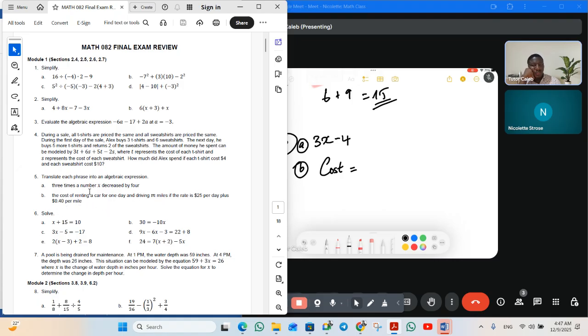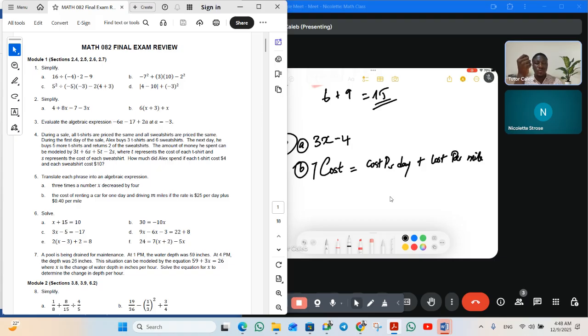All right, so the cost for one day, so you have to add the cost per day. Total cost will be the cost per day plus cost per mile. You agree? Because if you go to a rent shop to rent the car, you pay first for the number of days you will use.